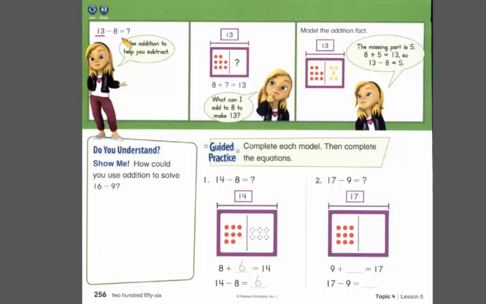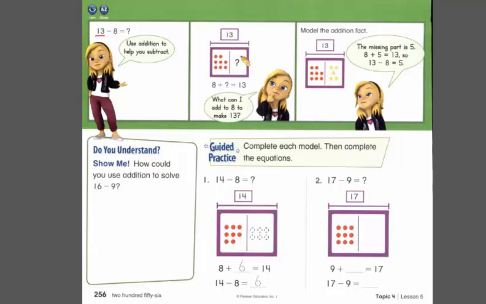Okay, so again, here you have the whole is 13, so which number is the sum in addition problem? What is the sum? The whole, we said before, the whole is the sum. The sum is the whole, okay? So which equation does this model show?